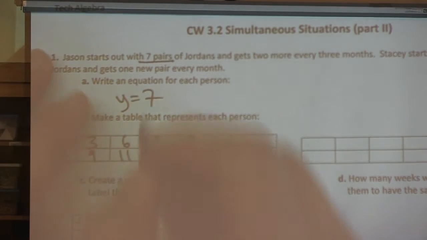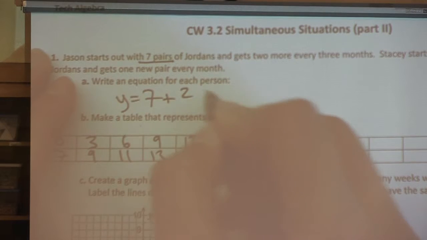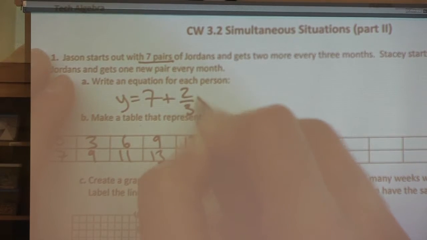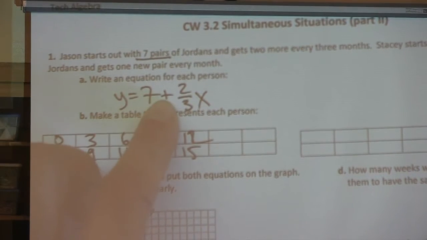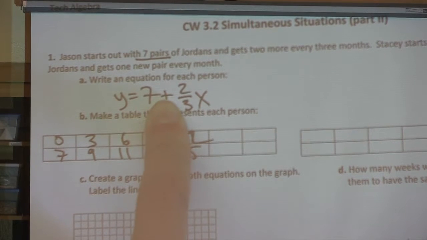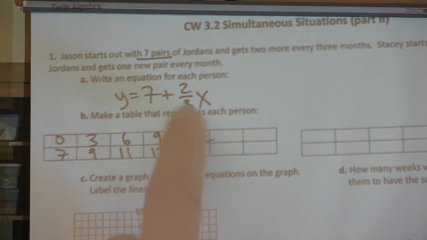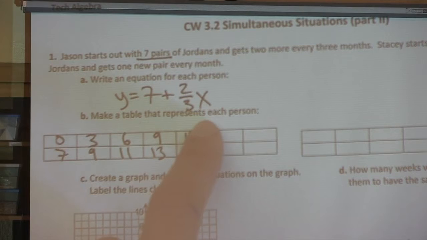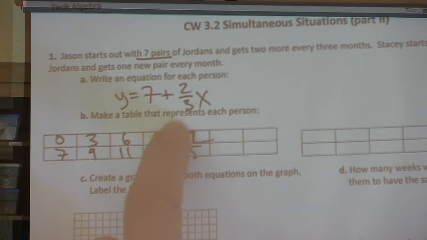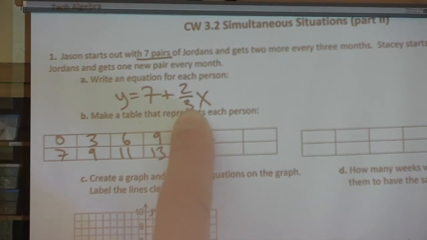And then he gets 2 more, but it's every 3 months. So if you wrote 7 plus 2x, if you wrote 7 plus 3x, you need to change it. If you wrote 7 plus 5x, you need to change it. If you wrote anything except for this, fix it.